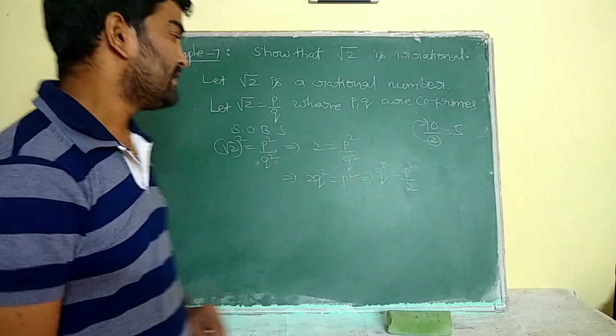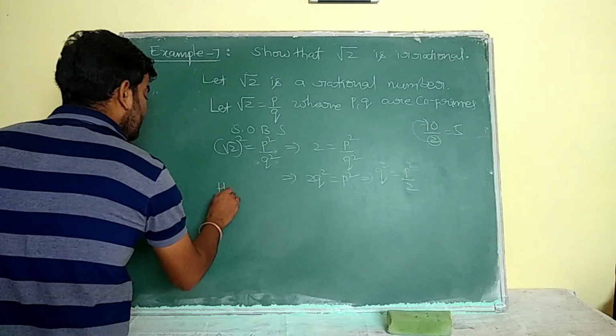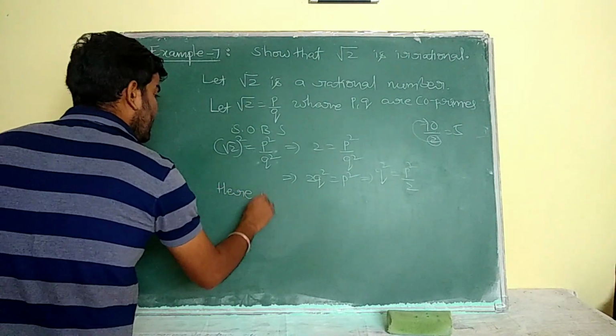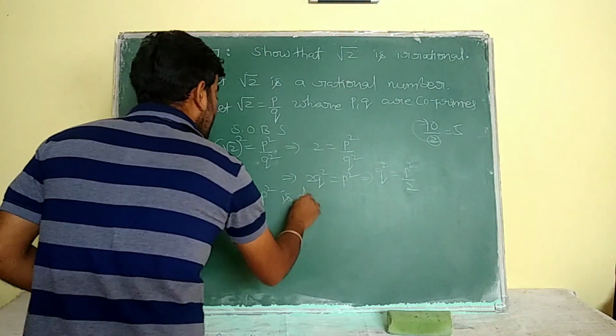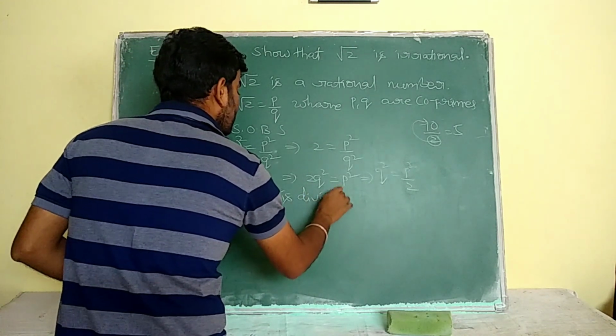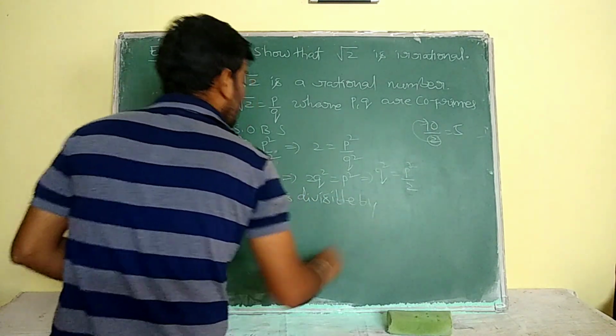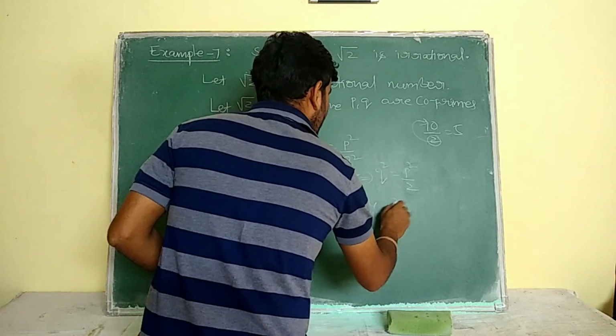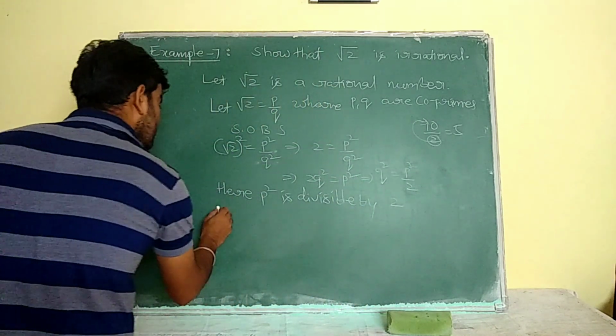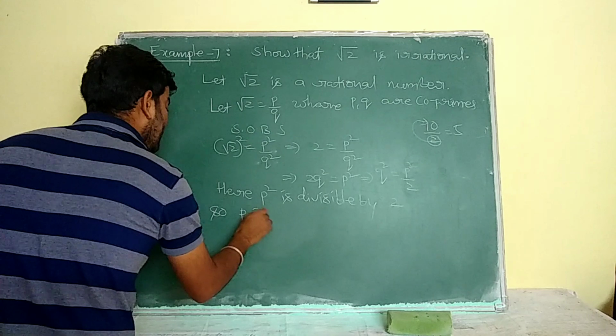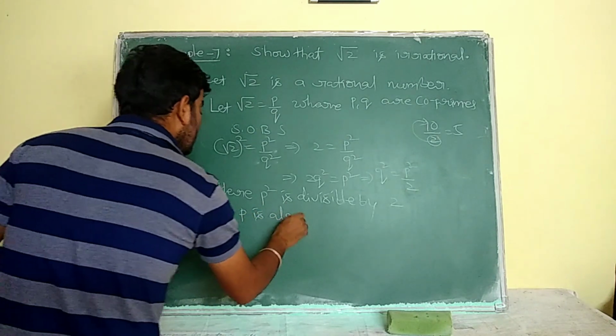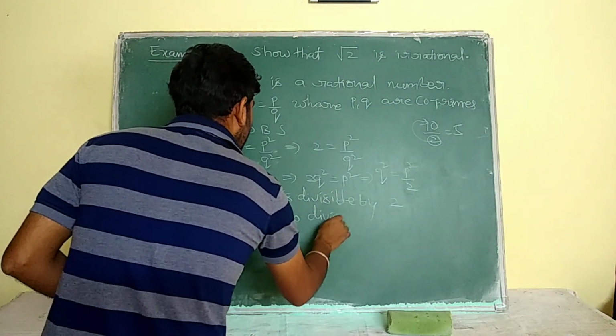Clear? That means p square is divisible by 2. So p is also divisible by 2.